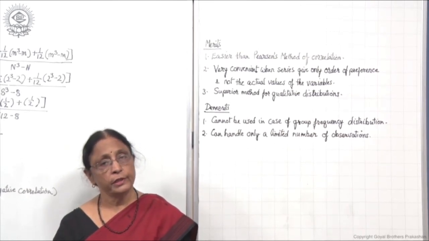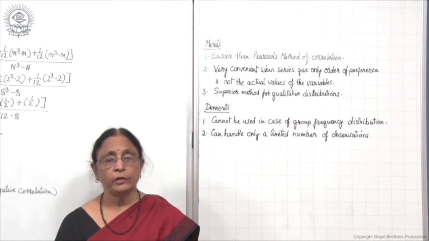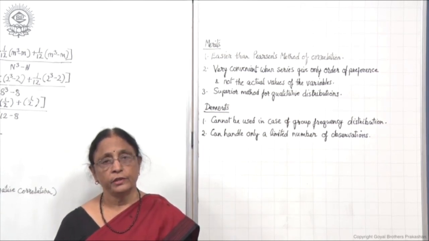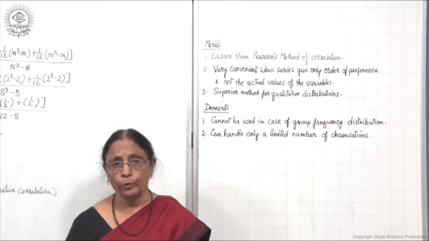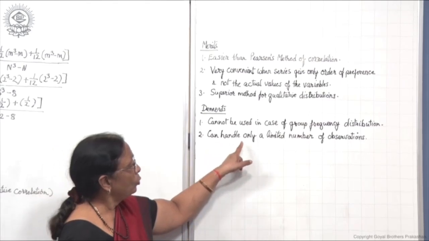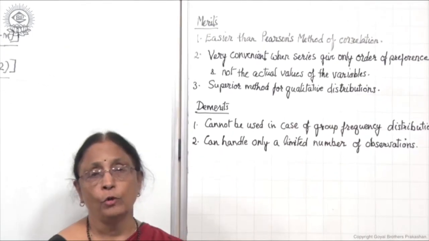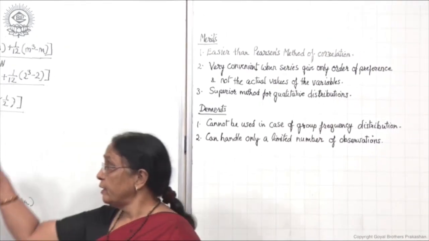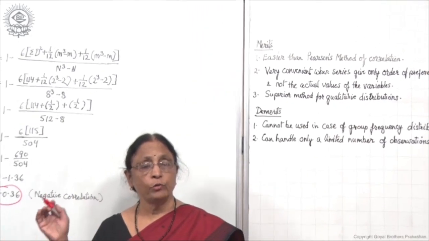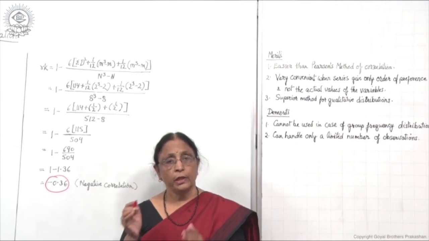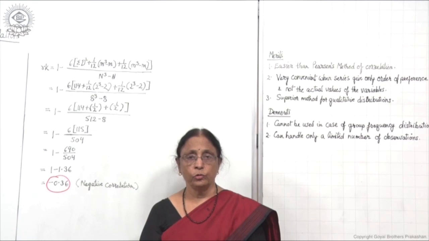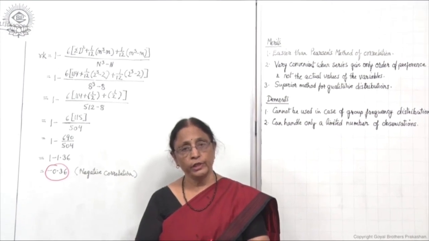It is good in certain cases, but if the group data is given along with the frequency, then this method is not considered appropriate. Second, it can handle only a limited number of observations. That means if there are a limited number of observations, not hundreds and 200s, then it is easy to calculate rank correlation.